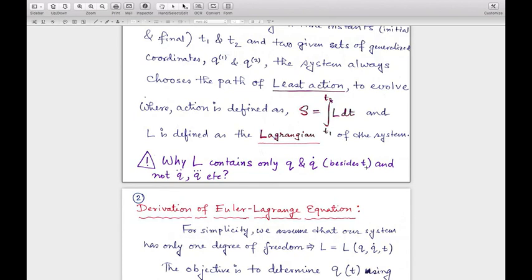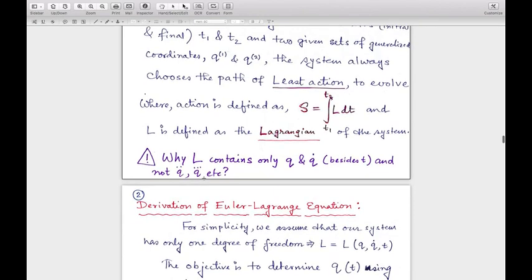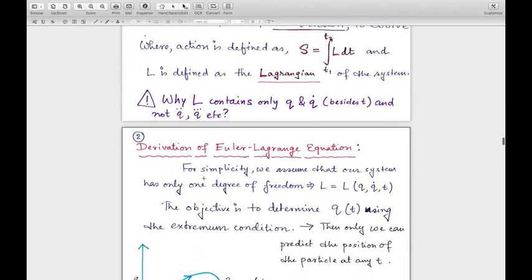Now with all the knowledge you have gathered till now, can you say why the Lagrangian should contain only q and q dot and not q double dot, q triple dot, etc.? Of course there should be t, but for q and its derivatives, I am asking why we have to stop at q dot and not include q double dot, q triple dot and higher order derivatives of q. So just think about that.